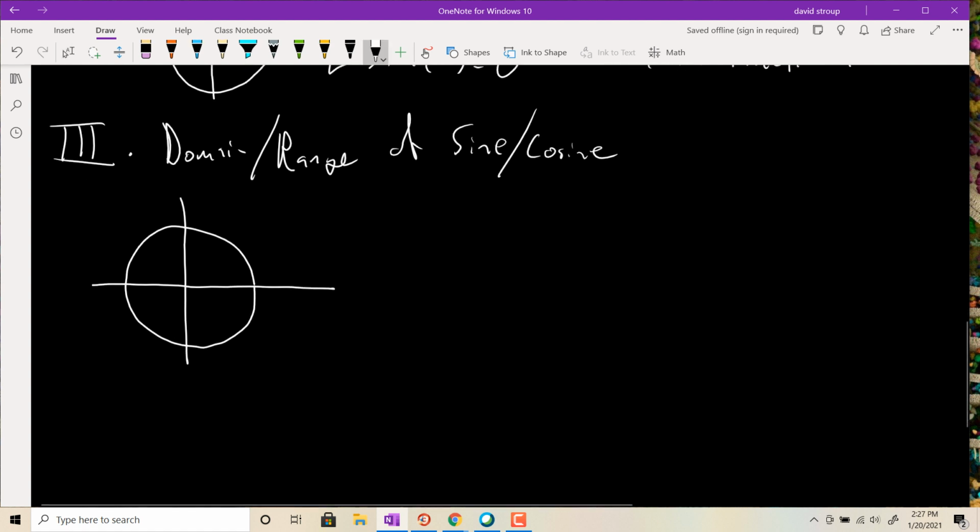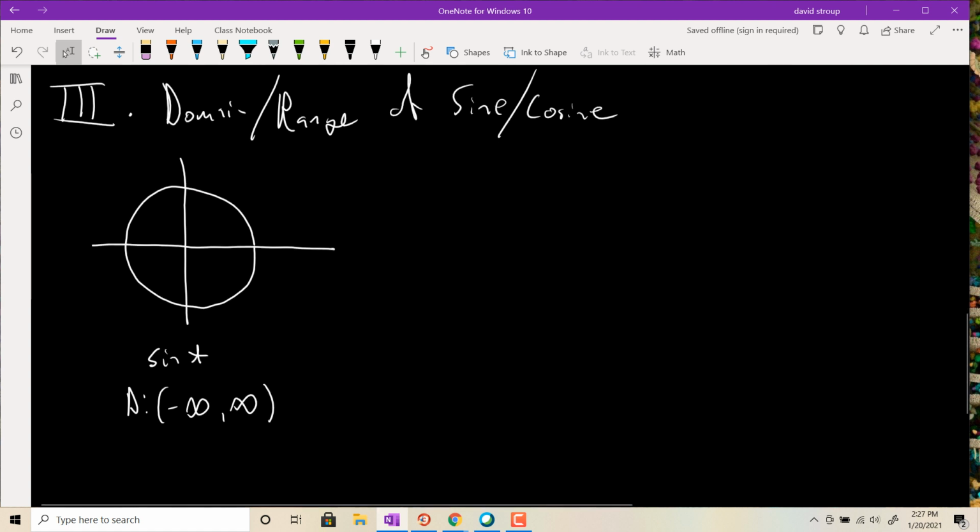So first off, for sine of t, with regards to the angle, you can put any angle in there and figure it out, right? So you can have negative angles, you can put 0 in there. In other words, the domain is everything, all real numbers. In interval notation, negative infinity to infinity.